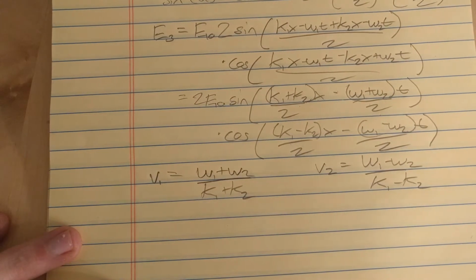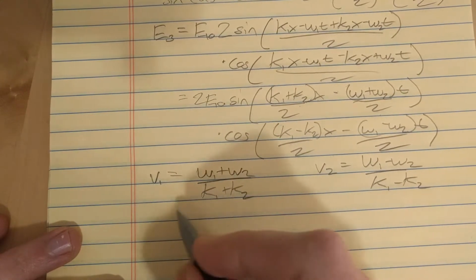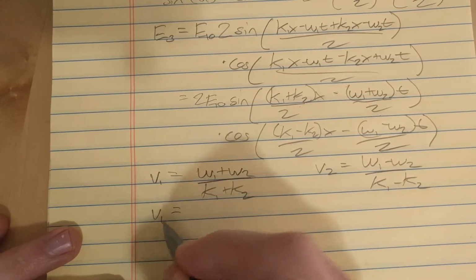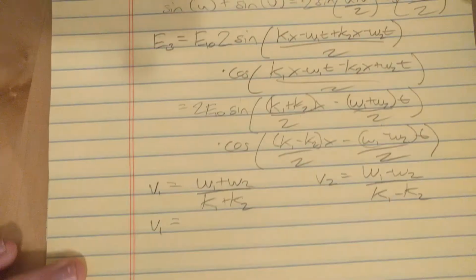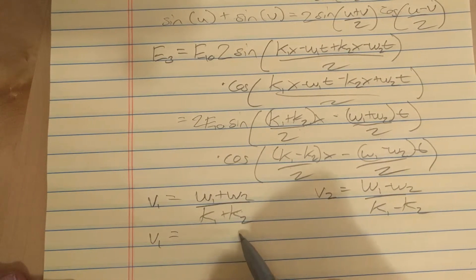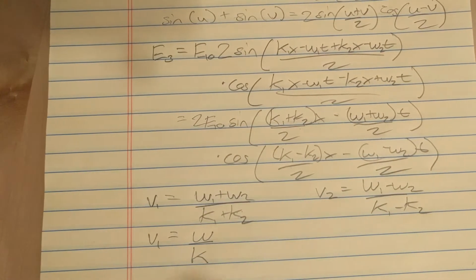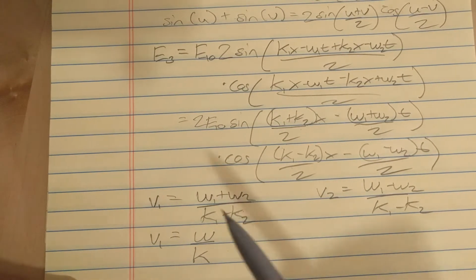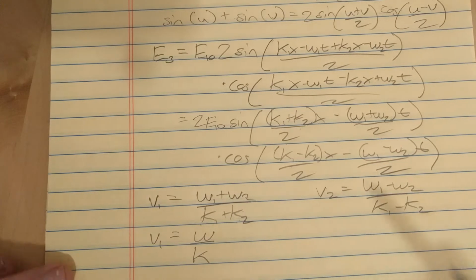And we assumed that our waves were nearly monochromatic, so that, in other words, this v1 is the average of the velocity of the two initial waves. So, in other words, we'll just write omega over k, where omega is the average frequency of the two waves, k is the average of the two k's.